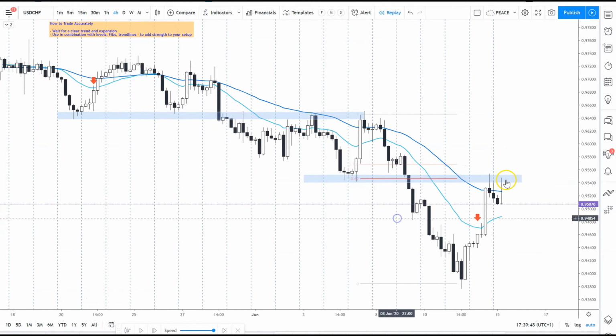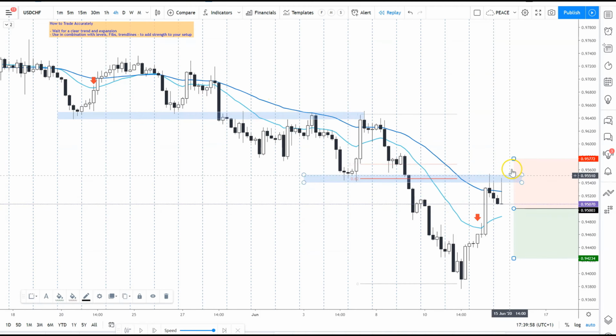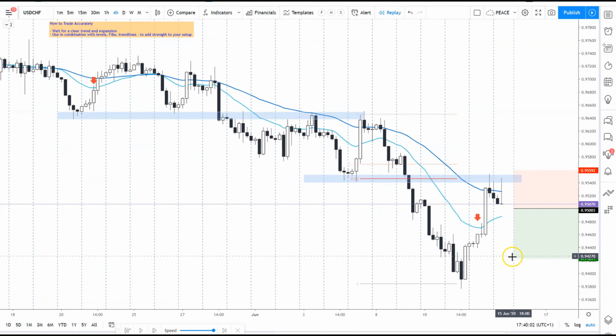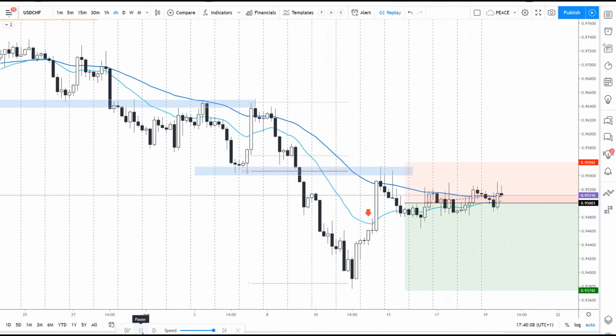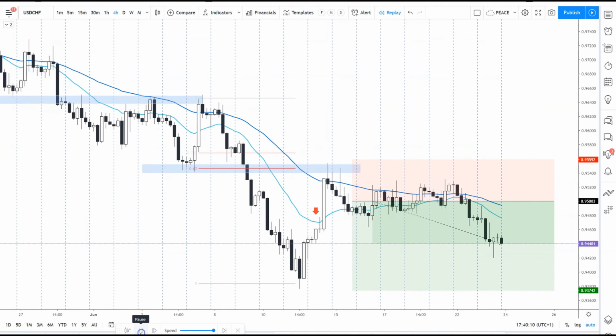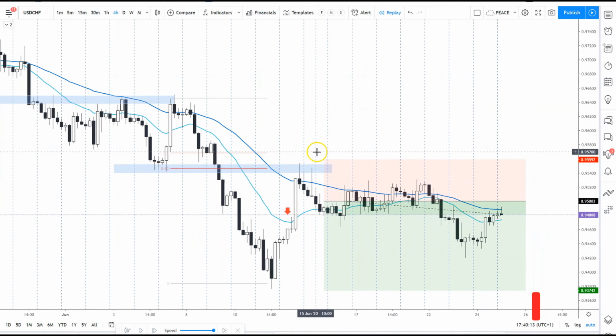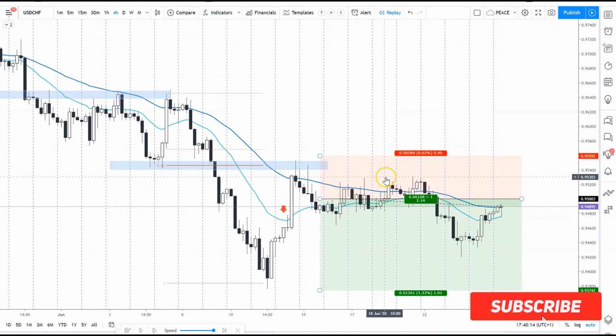We can see a reversal pin bar, and when you have all these things coming together in combination with the trend line, with the moving averages, sorry, and all the other factors, then you may want to place a trade. And let's see what happened there. In this case, our trade started going in our direction eventually.